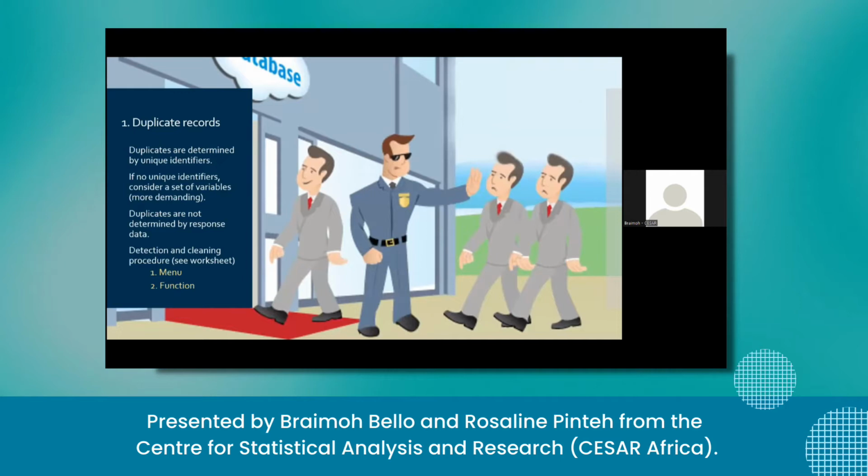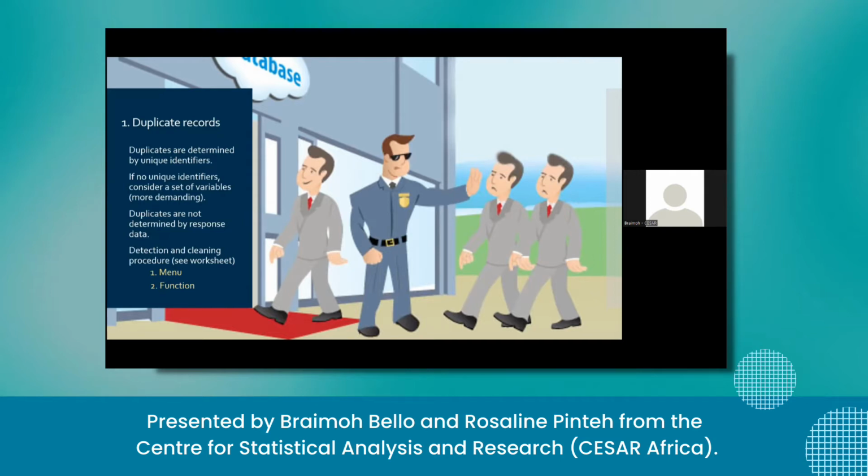Duplicates in data sets are identified or determined by unique identifiers. So there should be a column, a variable called unique ID, study number, student number, whatever that variable would be, that will be unique for every respondent or observation in your data set.